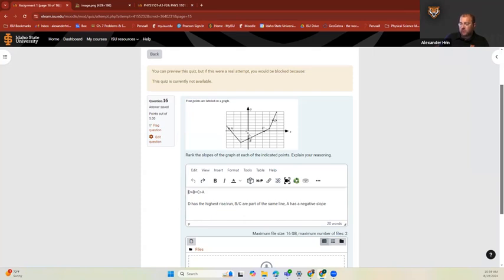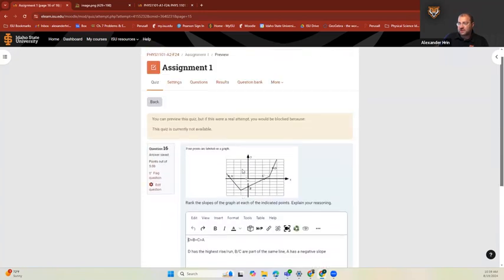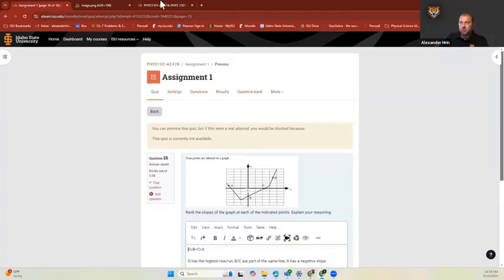But because it's negative, when we calculate slopes, A is a negative slope, and that means it has a smaller slope than anything with a positive slope. So this is an example of a more conceptual type question.